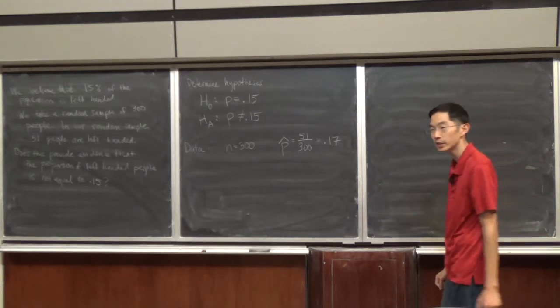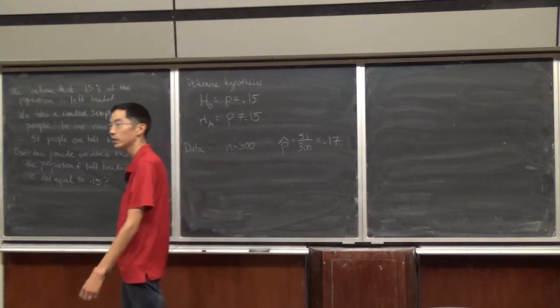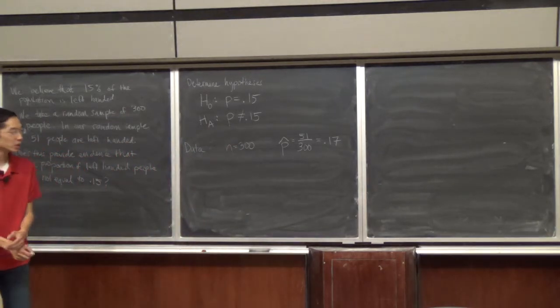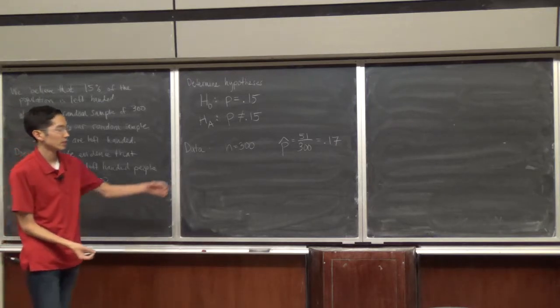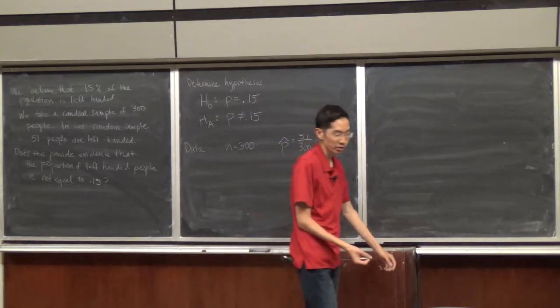And now we want to find our P value. What is the P value again? The P value is a probability. It's the probability of what? Observing your data. Yeah, observing our data if the null hypothesis were true.